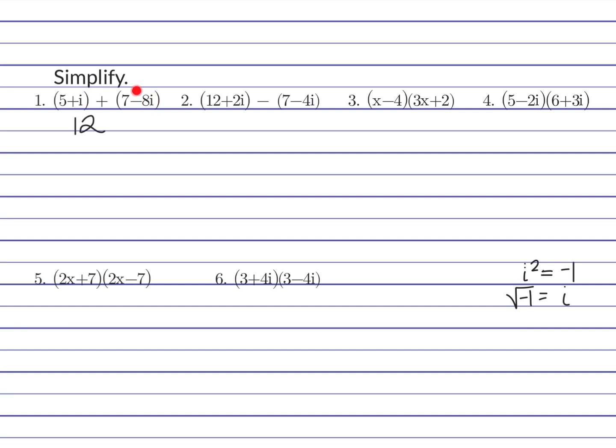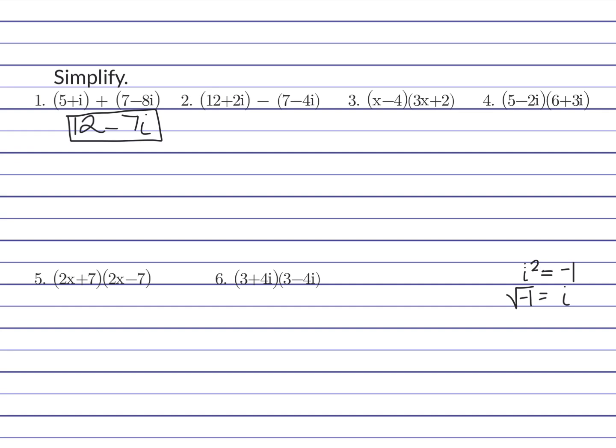Positive 1i plus -8i is -7i. I do not see an i squared. I do not see a square root of -1. So my answer to that problem is 12 minus 7i.